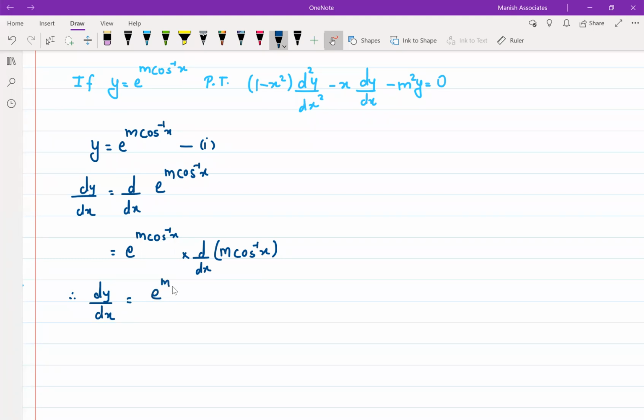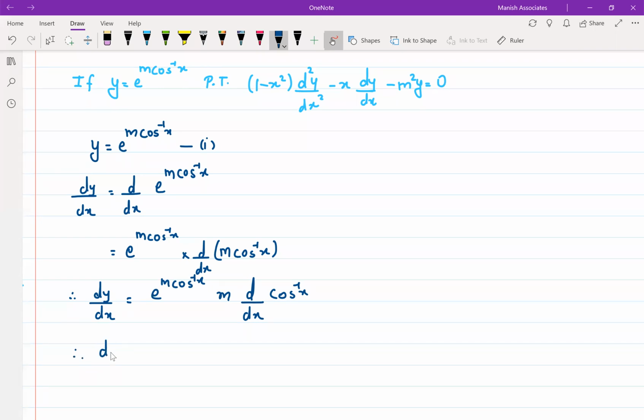Now I can write therefore dy by dx will be equal to e raised to m cos inverse of x, this m will come out, and you get d by dx of cos inverse of x. Now you all know what is the derivative of cos inverse of x. Tell me, what is the derivative of cos inverse of x? It is -1 upon root of 1 minus x square.